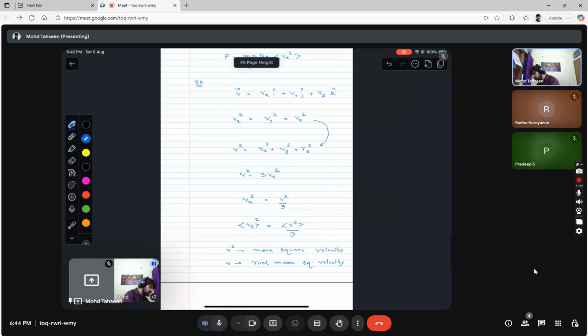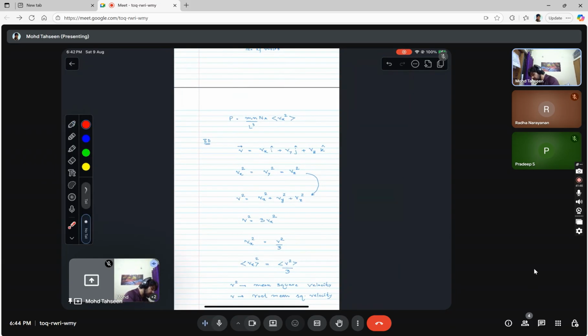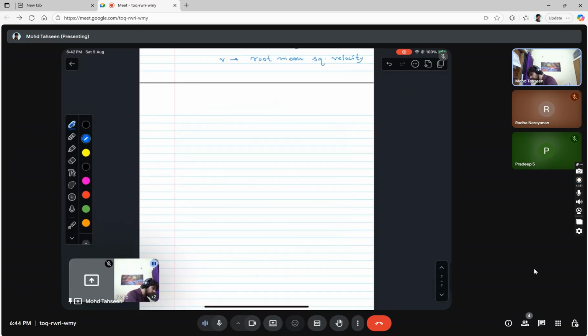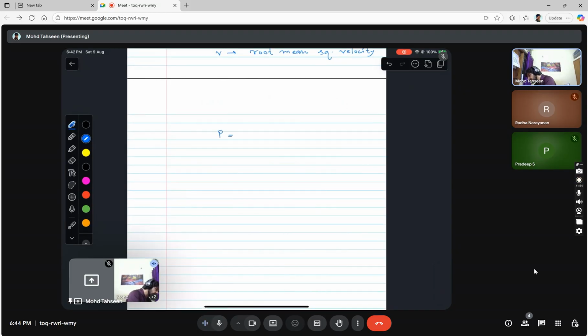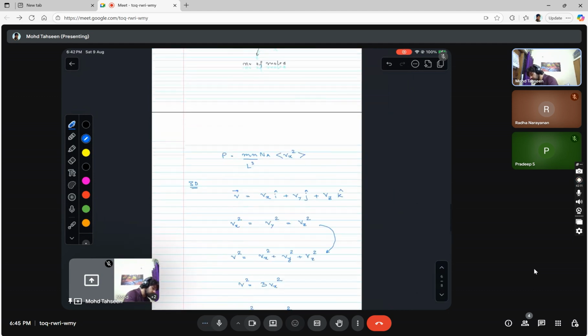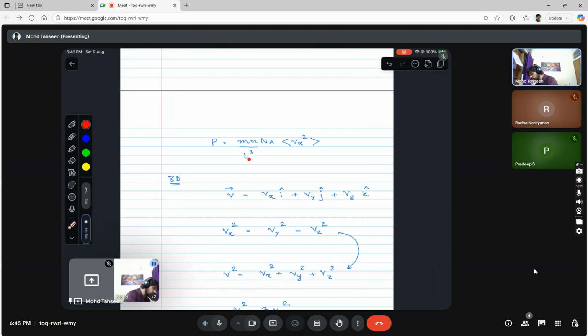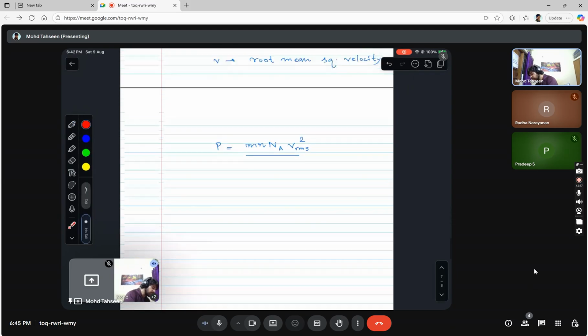Right? And now we substitute this back here, and the equation for pressure comes out to be P equals M N N A, and now instead of V square we will have V RMS square divided by, now we have L cube here, I am going to replace it by V because it's the volume, and there will be a 3 coming from this substitution, okay.